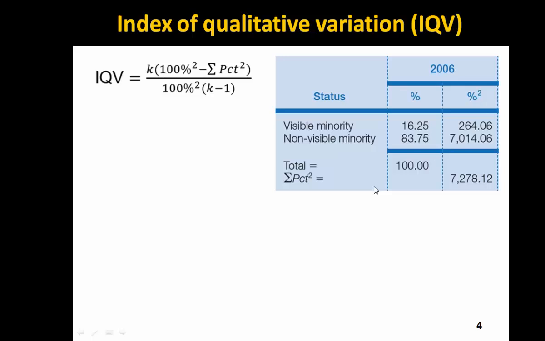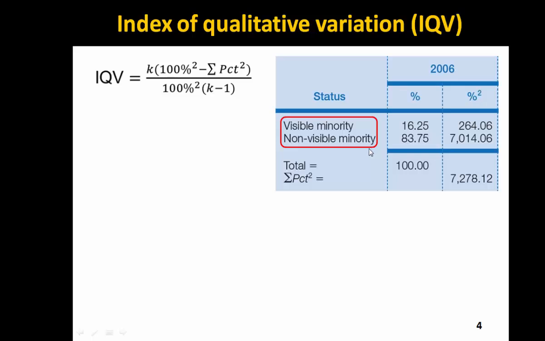To work through this example, taken from the textbook, we have a dichotomous variable in a study that sampled a group of individuals classified as a visible minority, and another group of individuals classified as a non-visible minority.